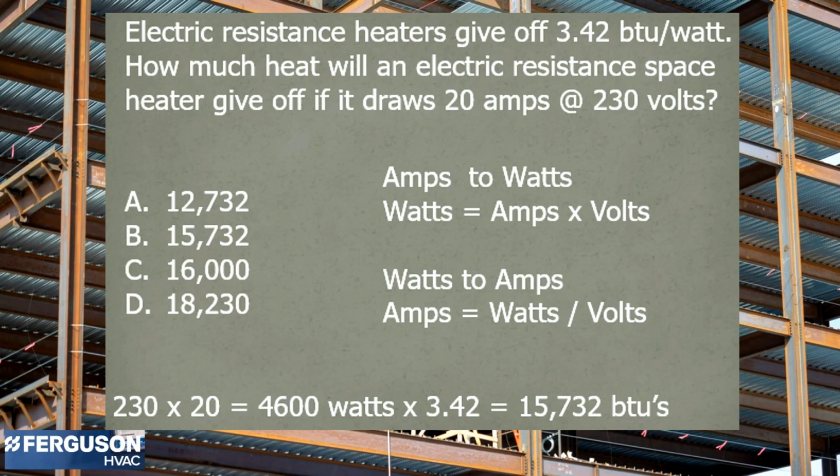We do that by multiplying the amps times the volts, which gives us 4,600 watts. Then we change the watts to BTUs by multiplying the watts by 3.42, which gives us an answer of 15,732 BTUs being produced by this space heater.